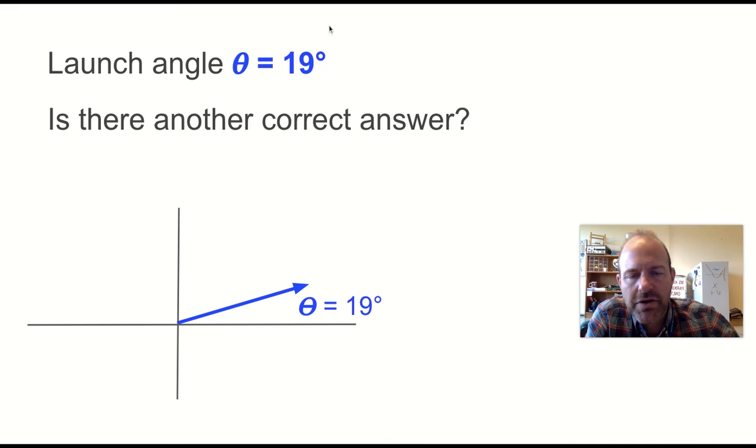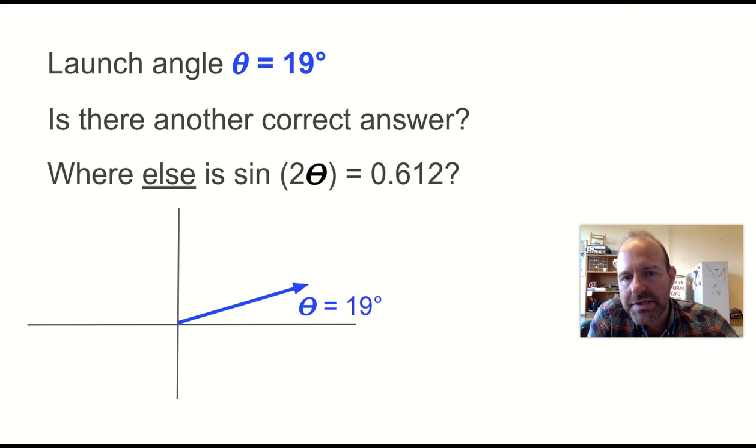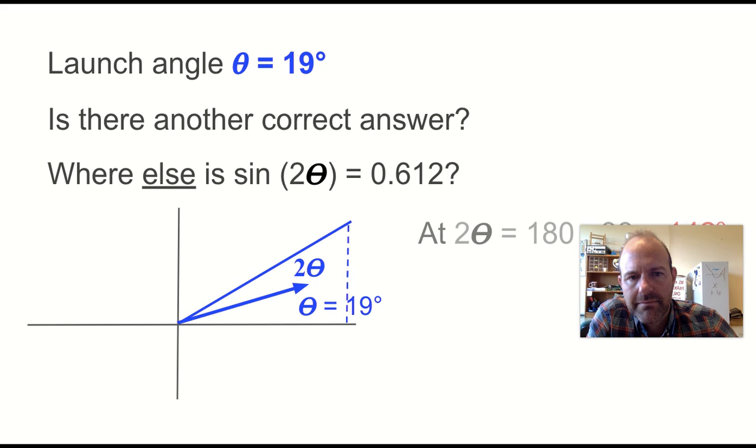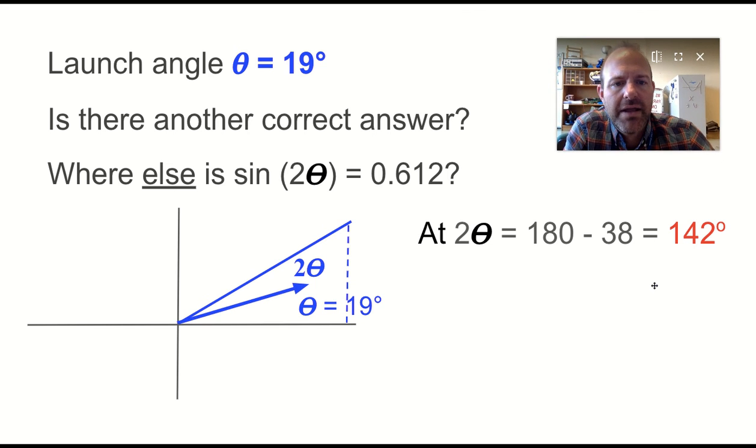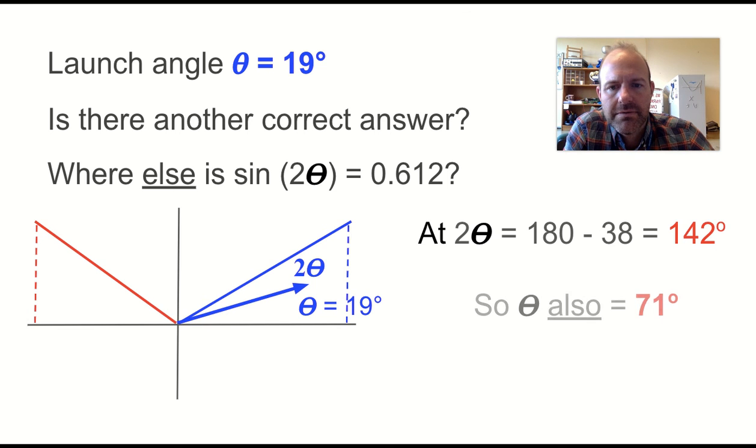Because we know trig functions are periodic, that you get the same value out of them with different inputs. So where else is sine of 2 theta equal to that? Sine of 2 theta equals 180 minus that 38, which would be 142 degrees, right? So theta is 71 degrees.